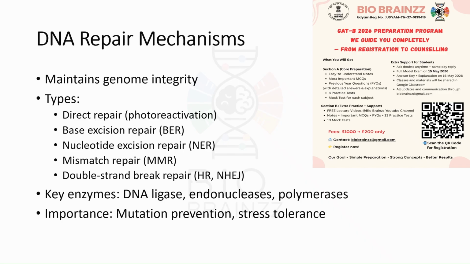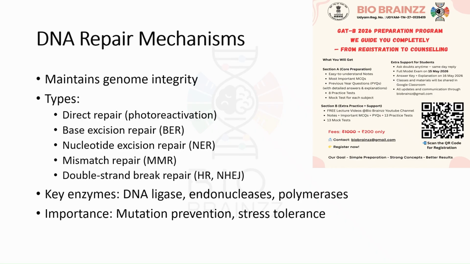To counteract this, multiple repair systems have evolved, including direct repair, base excision repair, nucleotide excision repair, mismatch repair, and double-strand break repair via homologous recombination or non-homologous end joining. These mechanisms involve key enzymes such as DNA ligases, endonucleases, and polymerases, which collectively identify and correct damaged DNA.